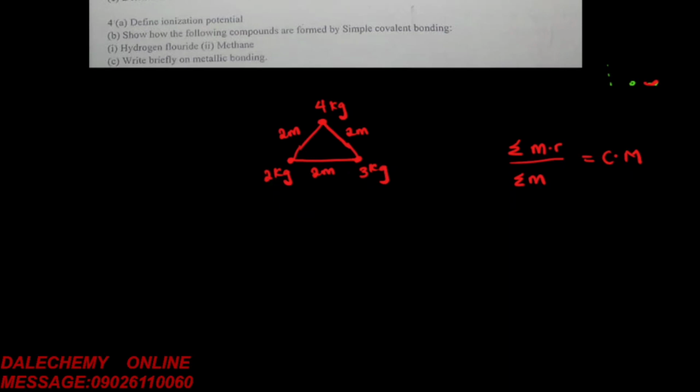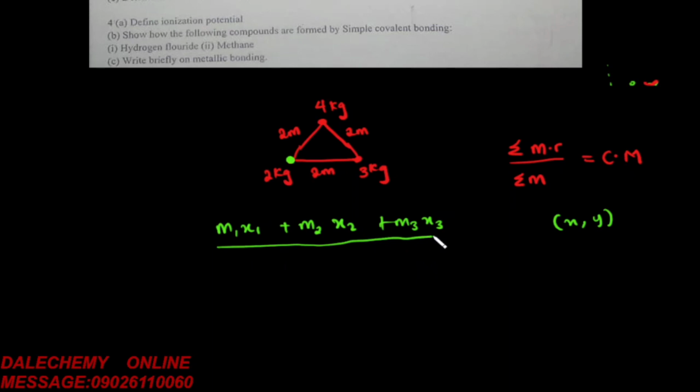Now when you start, if you choose this to be your reference point, you have to do two things here. You have to find it in x and y components. That's how you find your center of mass. So if this is your reference point, you want to find your center of mass from here, you are going to say m1 x1 plus m2 x2 plus m3 x3. This is for x-axis over m1 plus m2 plus m3.